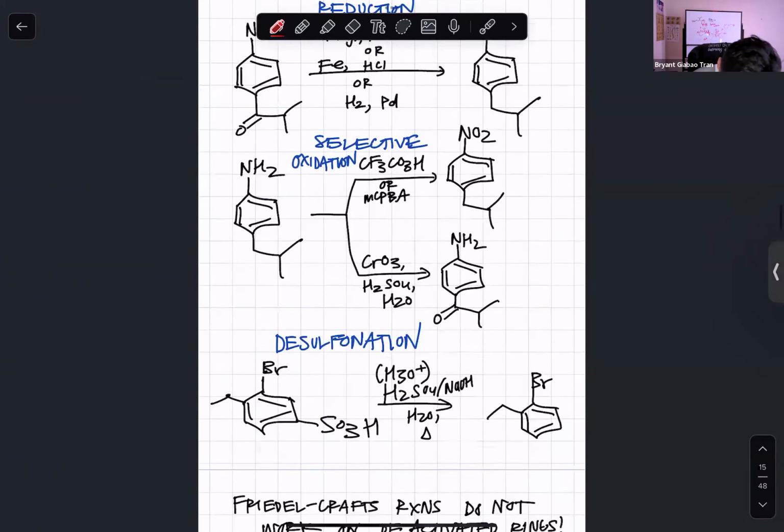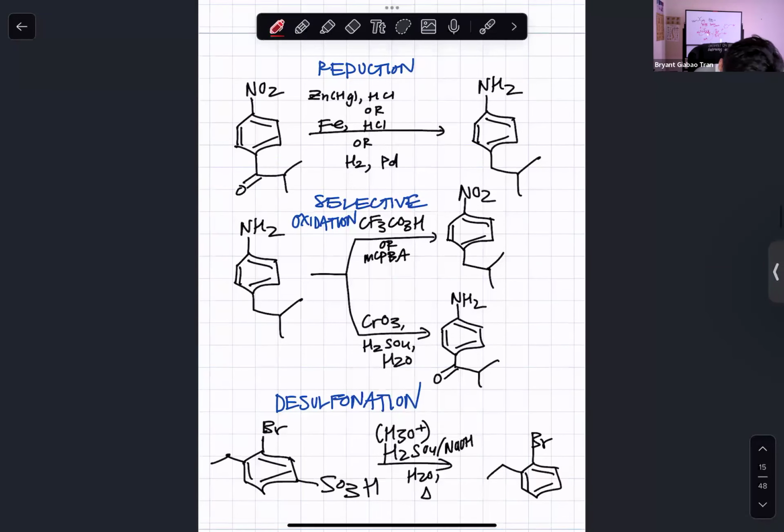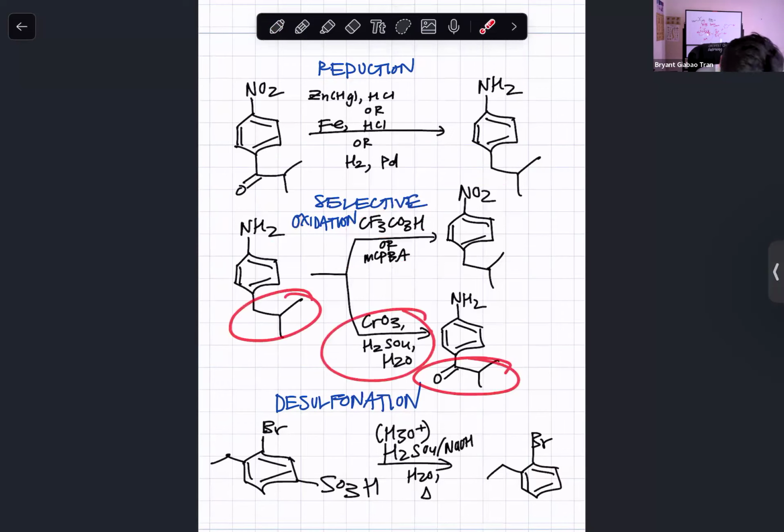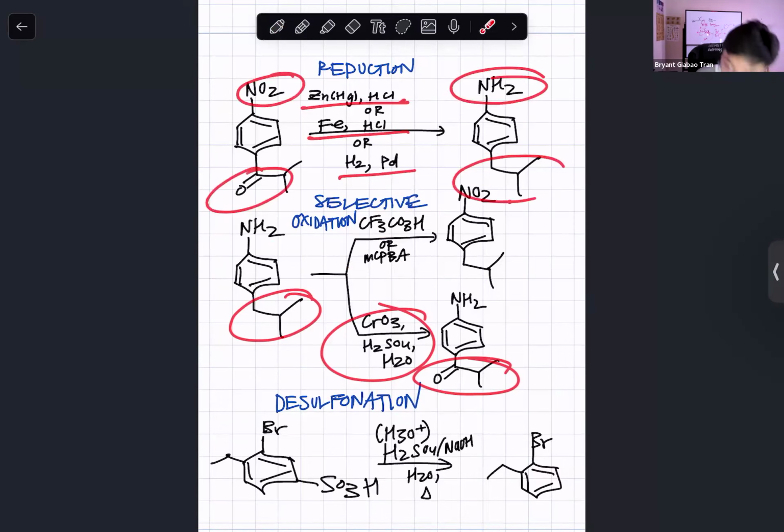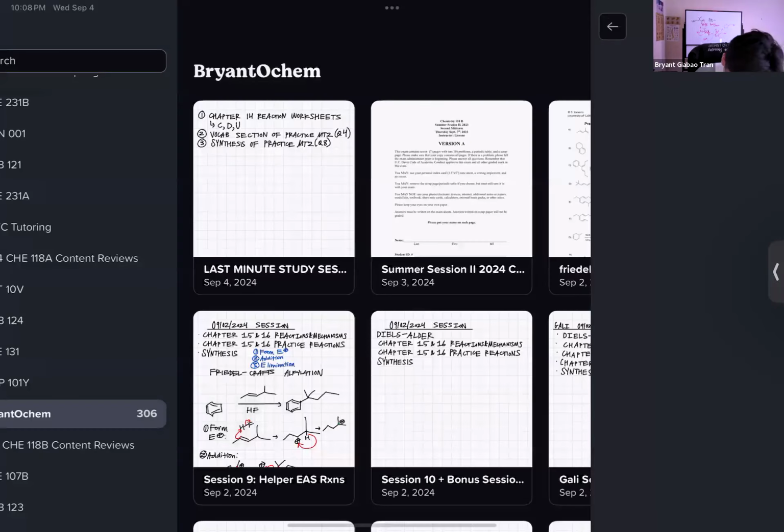If you wanted to convert NH2 to NO2, you use CF3CO3H or mCPBA. And if you wanted to convert an alkyl group back to a carbonyl, you gotta use Jones, right? But Fe, HCl, H2, Pd, or zinc mercury, HCl would reduce NO2 to NH2 and the carbonyl down to an alkyl group like that, right? Okay.